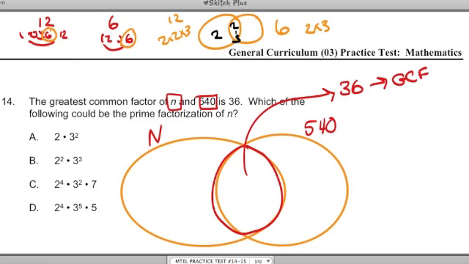So the 2 and 3 are the factors of the 6, and the 2 and 3 are also factors of the 12, and what's in the middle, 2 times 3, is 6. That's your greatest common factor. Well, the greatest common factor of n and 540 is 36. Or in this case, it's going to be 2 squared times 3 squared, because that gets us 36.